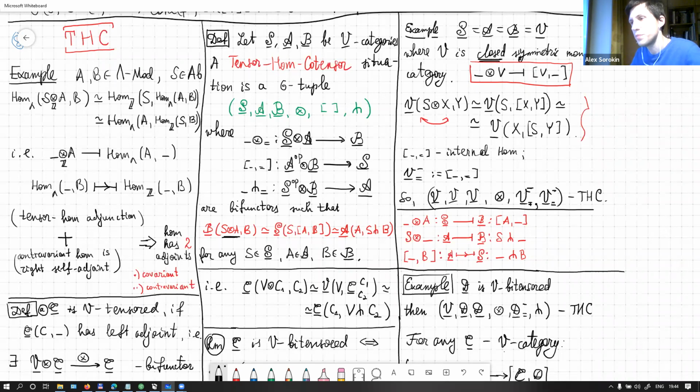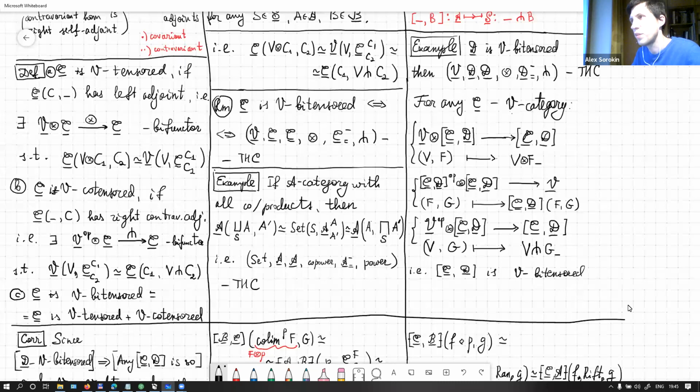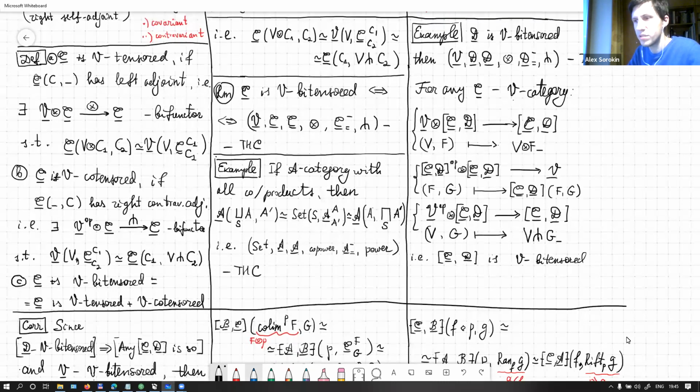The other example is one that we had already today, the so-called tensored and cotensored categories. I will remind it again: category C is V-tensored if covariant Hom has a left adjoint, and this left adjoint is given by the tensor bifunctor, and we have the following adjunction.